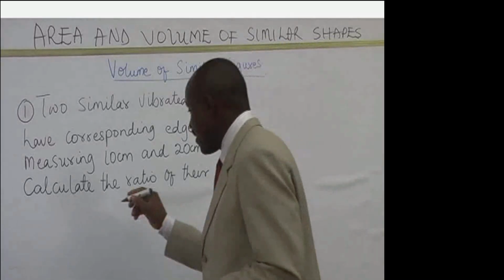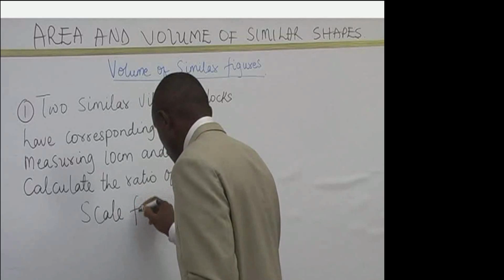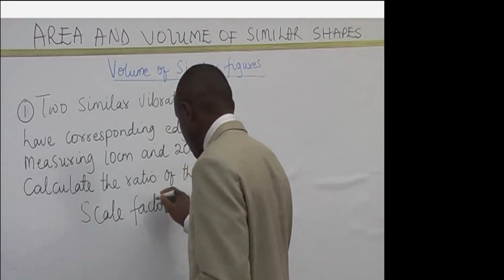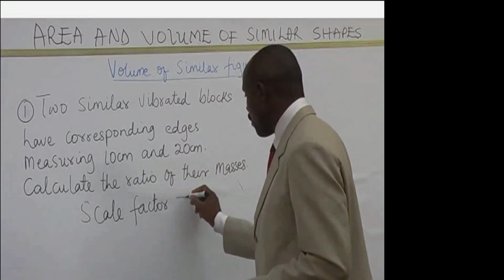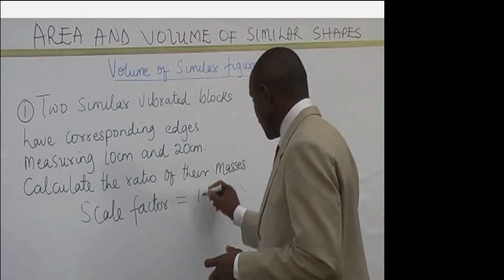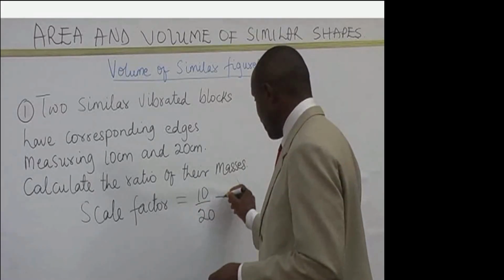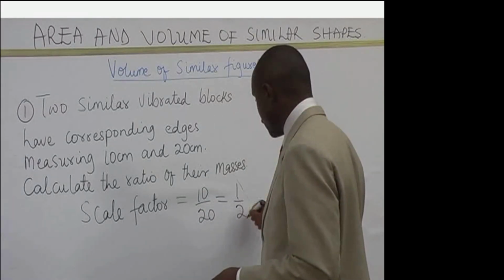First of all, the scale factor. The scale factor of the two similar vibrated blocks is 10 divided by 20, which is the same thing as 1/2.